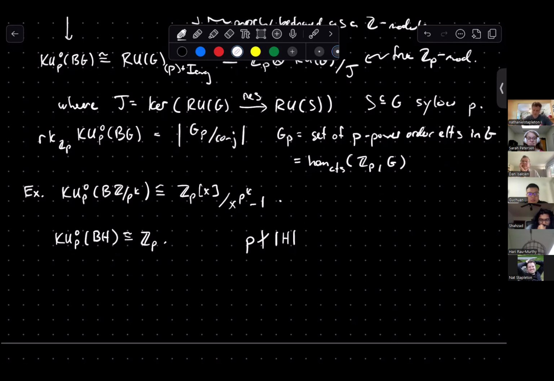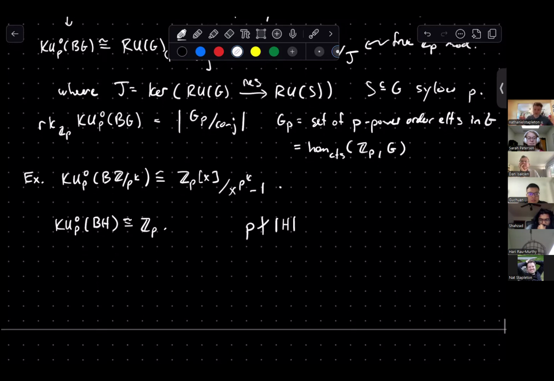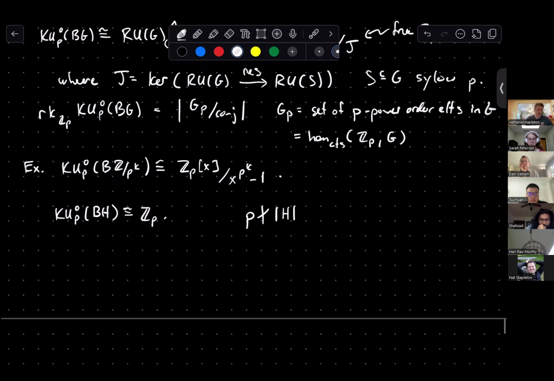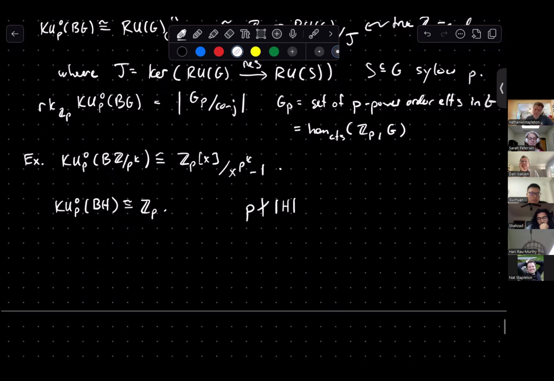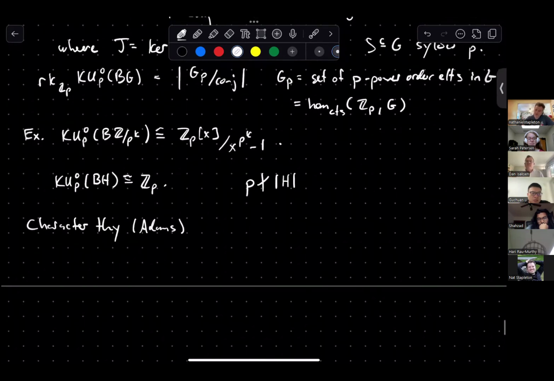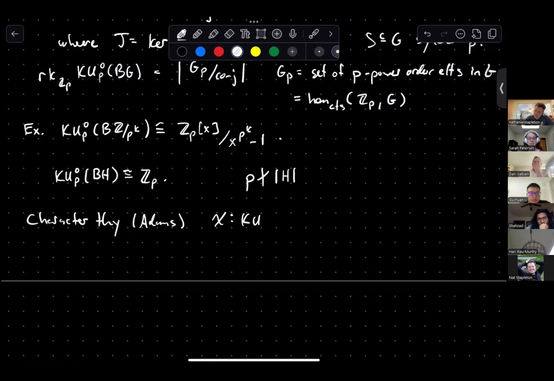Okay. And I want to say one more thing about p-adic K-theory, which is that there's a really nice character theory for p-adic K-theory due to Atiyah. You can read about it in Maps Between Classifying Spaces 2, or something like that. And he constructs a character map from the p-adic K-theory of BG to a ring of class functions that I'm going to call CLP of G. One of the tricks in constructing these character maps is trying to figure out what the coefficients are supposed to be.